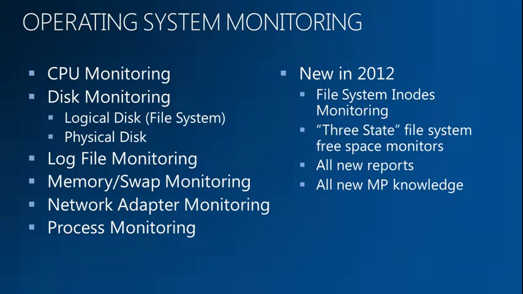We did add a few new things in 2012, like inodes monitoring on file system. We switched file system free space monitors to 3-state, and did a whole new set of reports more specific to Linux and Unix. But mostly it's the typical CPU, logical and physical disk, log files, memory and swap, network adapter, and process monitoring.